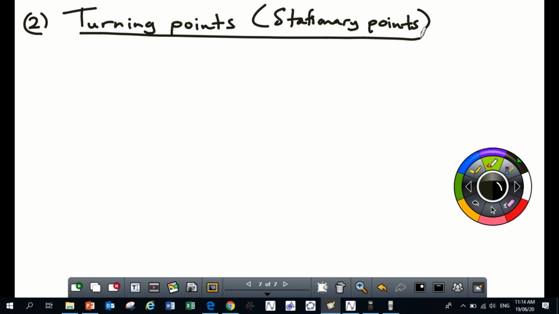Please write this point down. A cubic graph can have at most 2 turning points.